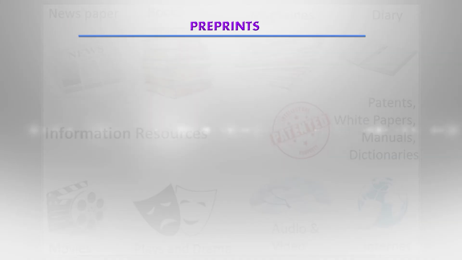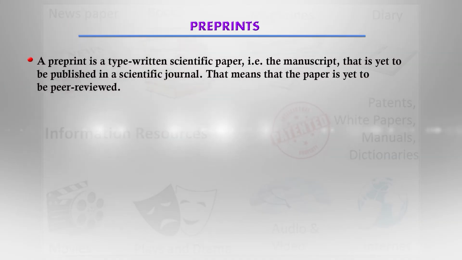Then comes the preprints. A preprint is a typewritten scientific paper, the manuscript, meaning the paper which exists before publishing in a journal or a periodical, meaning that it is yet to be published in a scientific journal. That means the paper is yet to be peer reviewed.